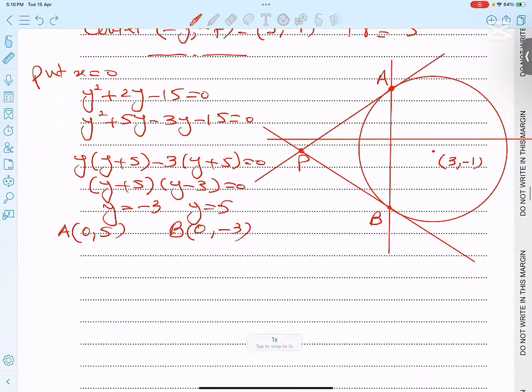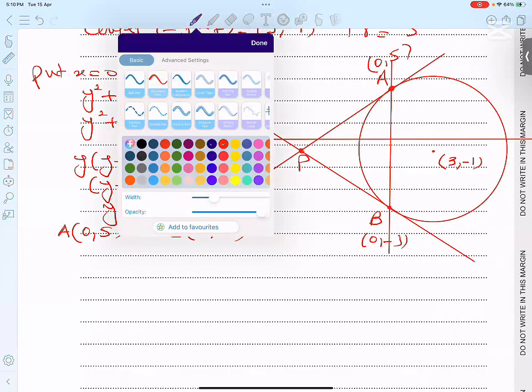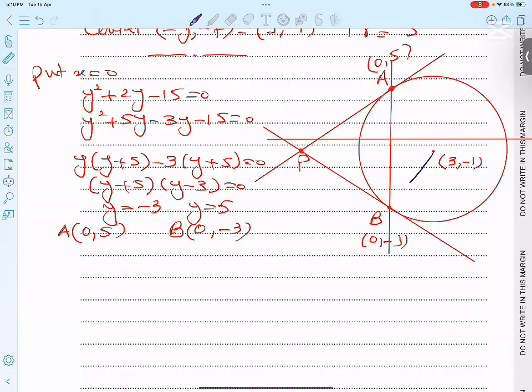So what is the technique to do it? First of all, I'm looking at the A coordinates, which are 0, 5, and the B coordinates 0, -3. And I'm going to show you these blue color lines. This is radius 1, and this is radius 2.